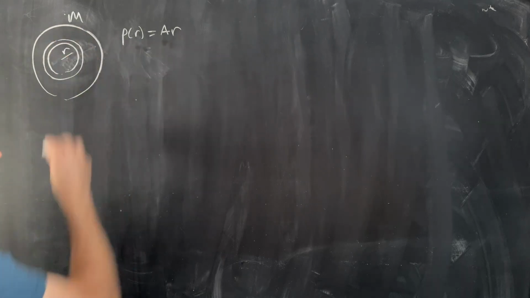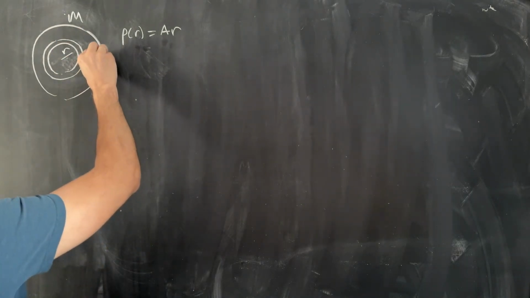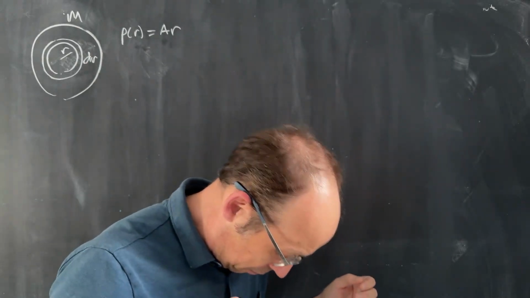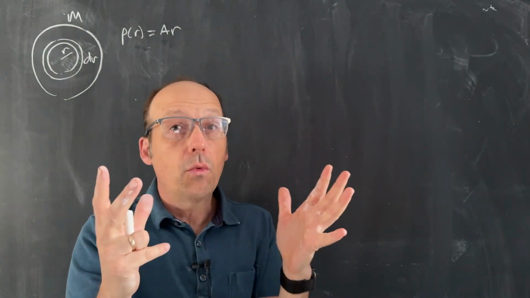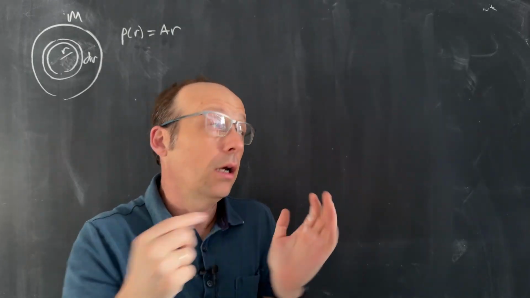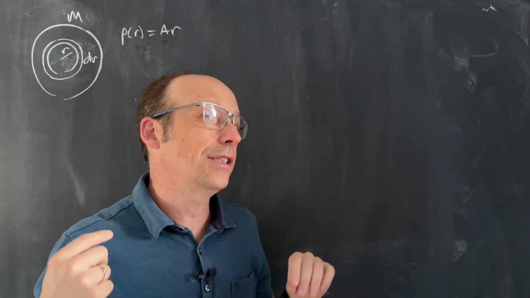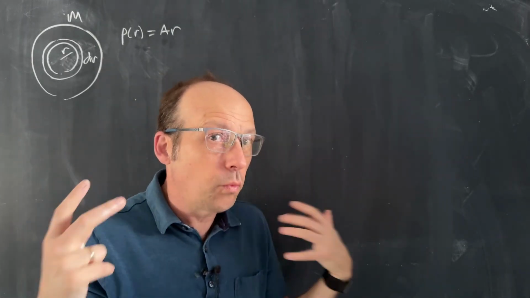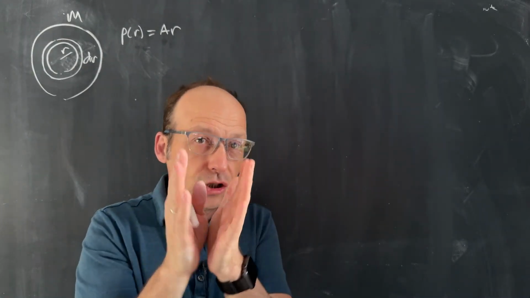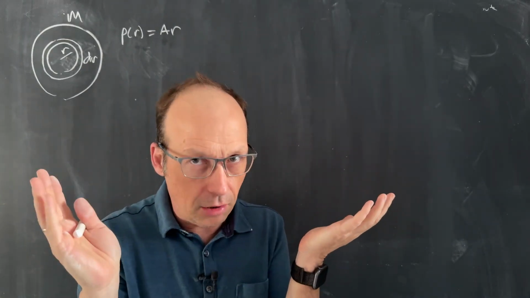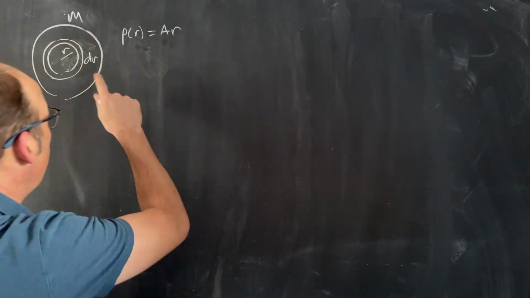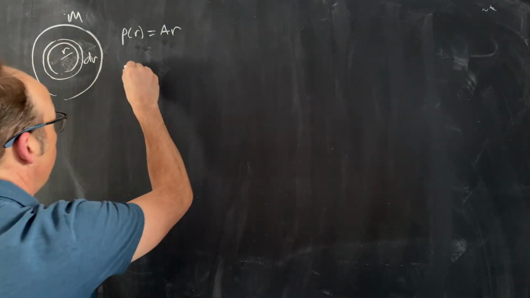If this shell has a radius r and a thickness dr, then the volume of that shell would be the surface area of the sphere multiplied by dr. It doesn't really seem like it'd work, but it does, because if dr is super tiny, I don't have to worry about the exact volume of a shell. I can just take the area multiplied by dr. So with that, I can calculate the volume of that shell.